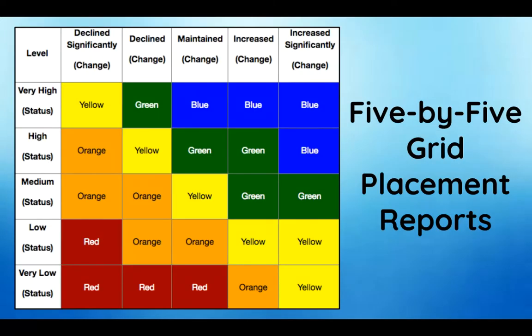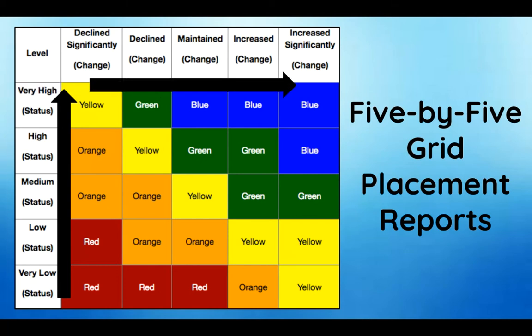The 5x5 grid placement report gives us a better idea visually of what is meant by status and change. The 5 color-coded performance levels give us 25 results within each table for each of the state indicators for districts, schools, and student groups with 30 or more students. Status, which is shown vertically, is based on the most recent year of data for the indicator.